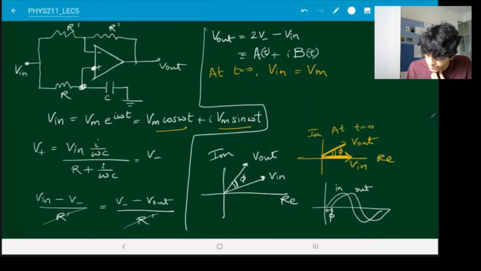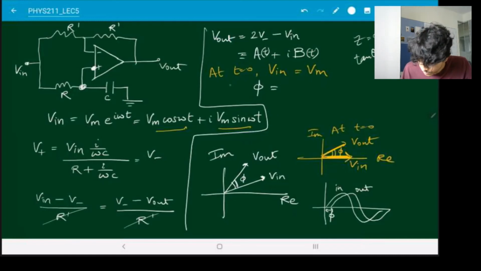So since I have V out as A(t) and B(t), I can define the phase. Phase is what? If you remember, in general for a complex number x plus iy, the polar angle, or the phase angle, is given by tangent theta equals y divided by x, or imaginary part divided by real part.